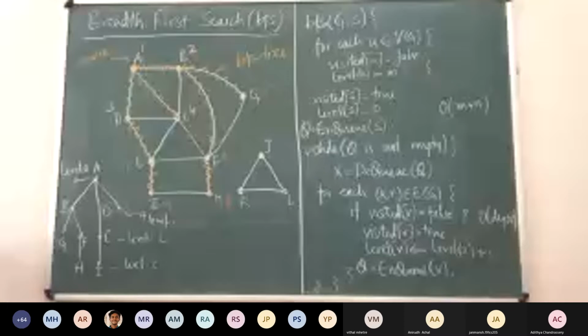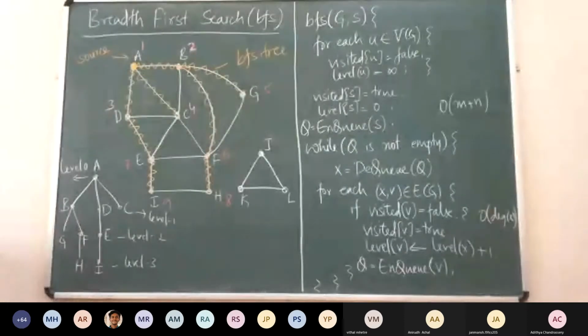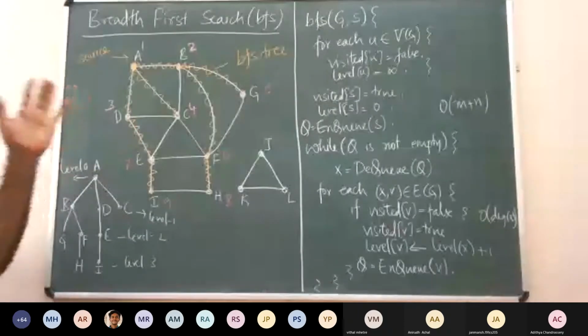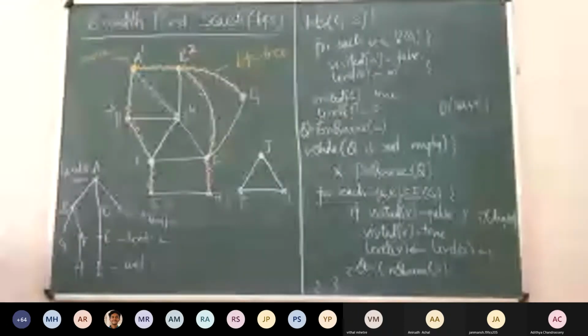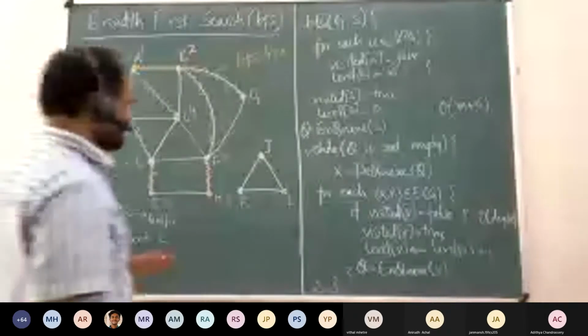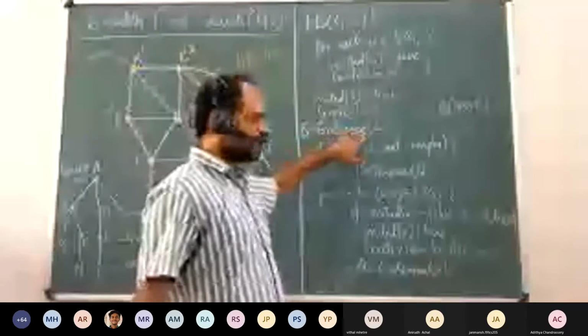So this is again a linear time algorithm to implement this graph traversal, what we call breadth first search. So is the pseudocode clear? Since you have already done data structures, I am assuming that you know what a queue means, right?